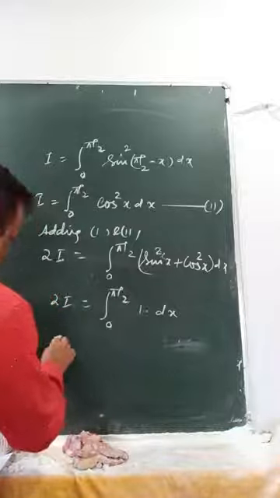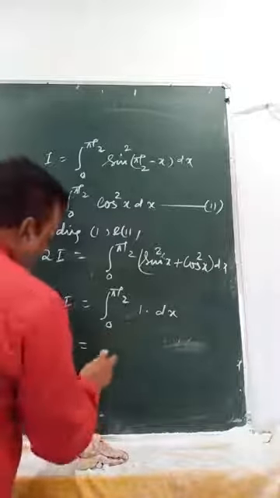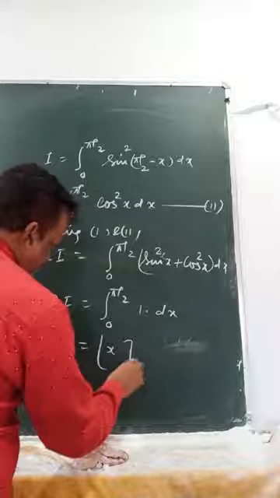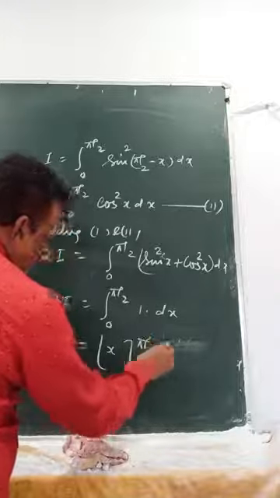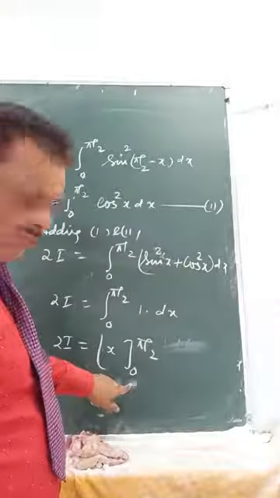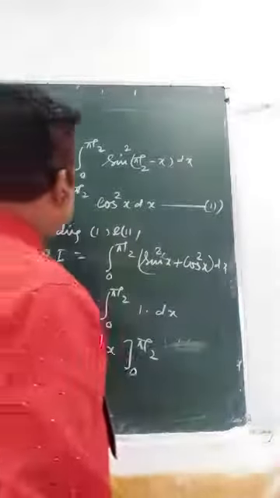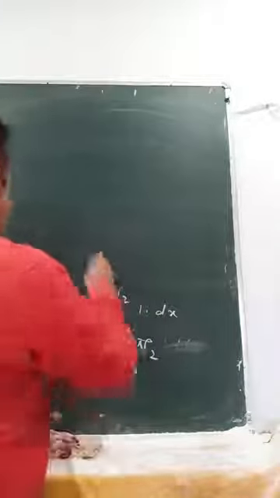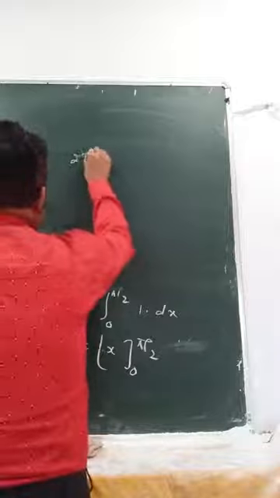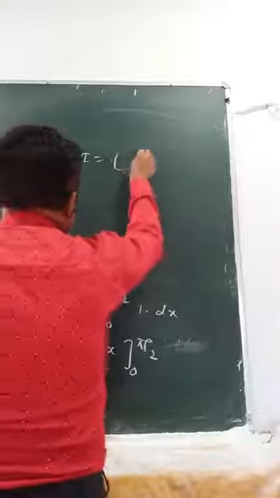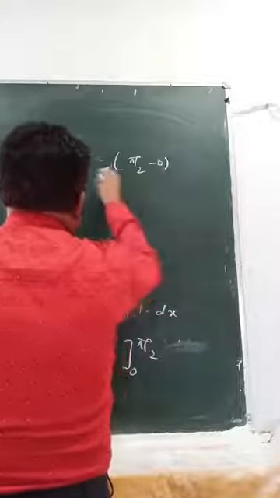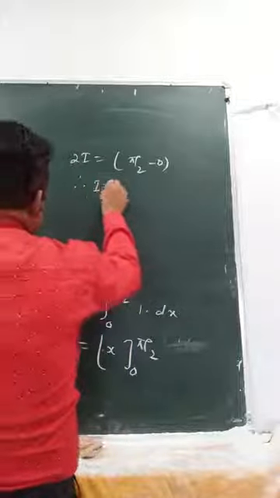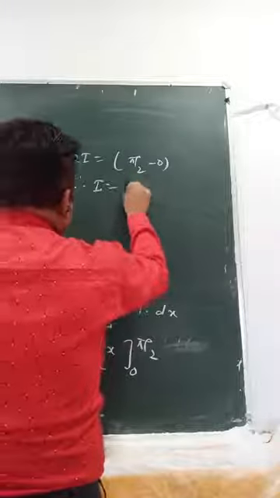Therefore 2I equals x from 0 to pi by 2, upper limit minus lower limit. So 2I equals pi by 2 minus 0. Therefore, I equals pi by 4.